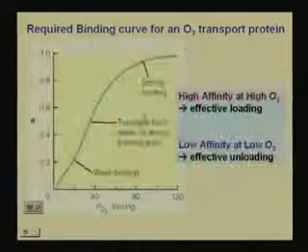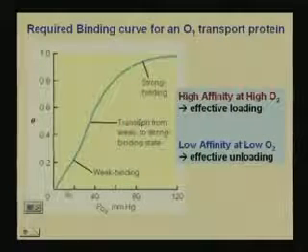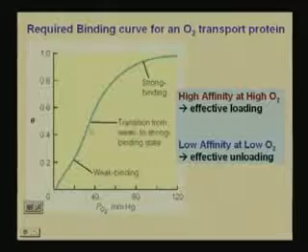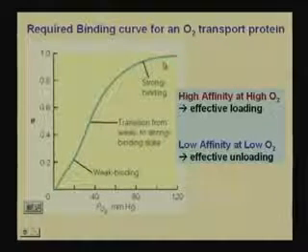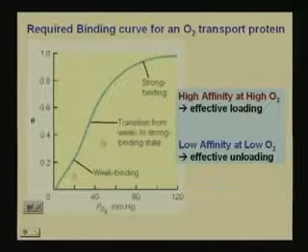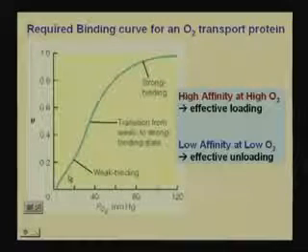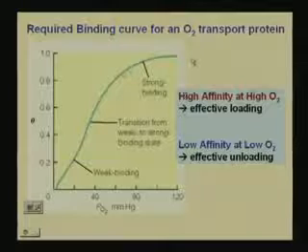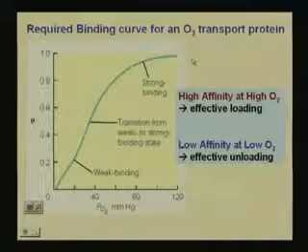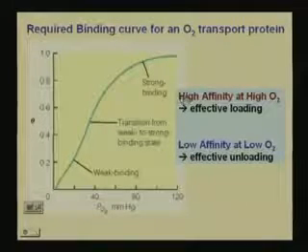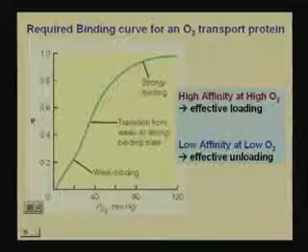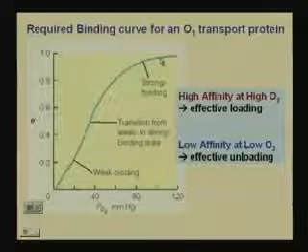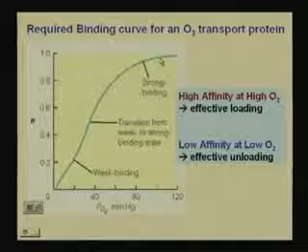Now, so what do we have here? We have a transition from a weak binding state to a strong binding state. So this is the curve for hemoglobin, which is what is called a sigmoid fashion. The rise is in a sigmoid fashion where we have high affinity at high oxygen partial pressure, which means we have effective binding.